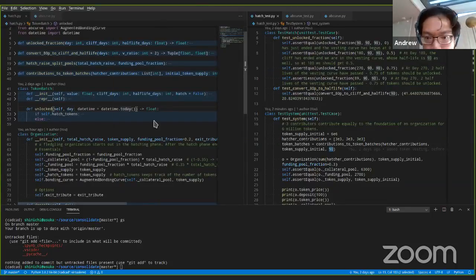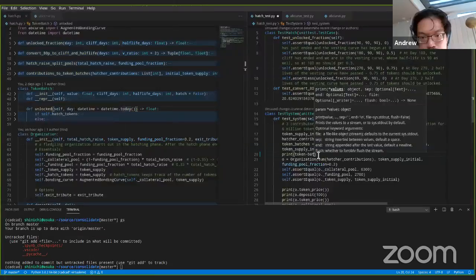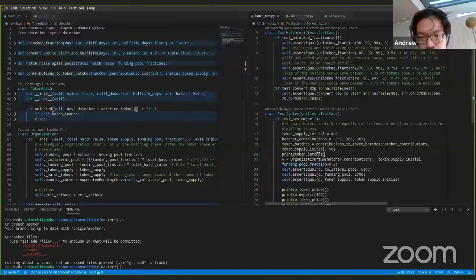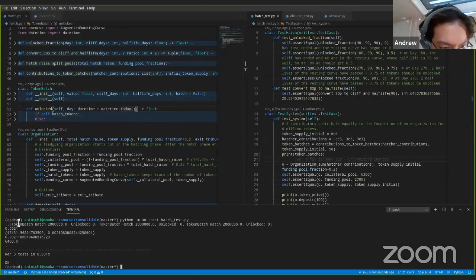And then you will get a list of token batches. There you go. And then as days go on, this unlock number will go up.